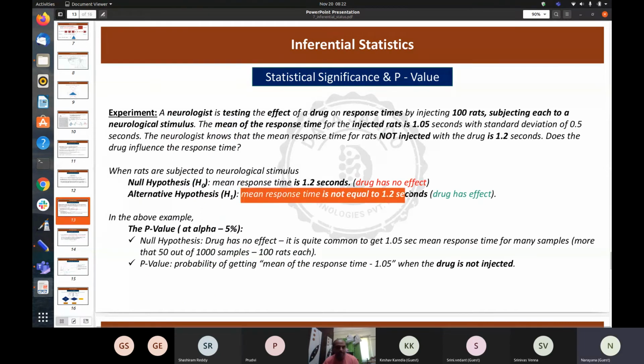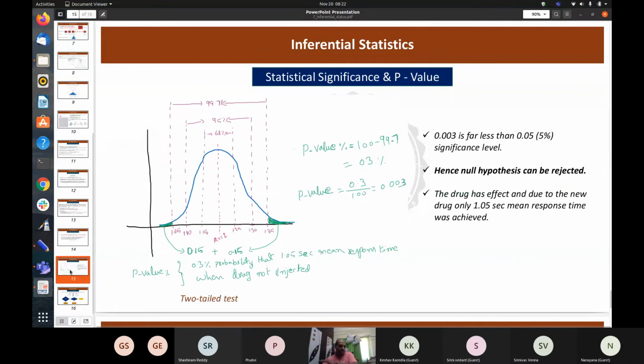I am saying the mean response time is not equal to 1.2, that means less than and more than. This is called a two-tail test. Then the p-value becomes 0.05. If you do only a left-tail test, it's going to be 0.0015. You need to divide this by 2. Got it? This and this are the same. I am summing these two and taking that as 0.3.